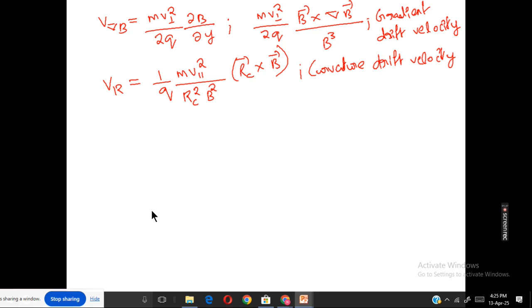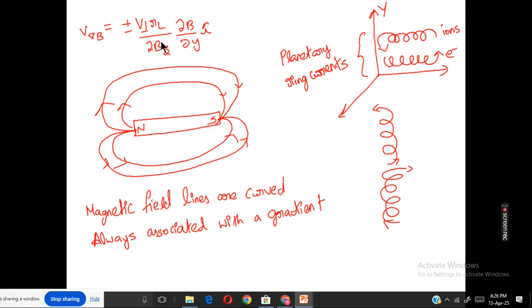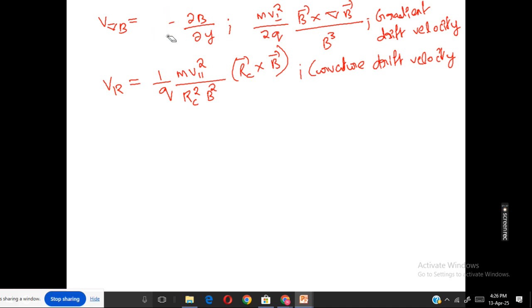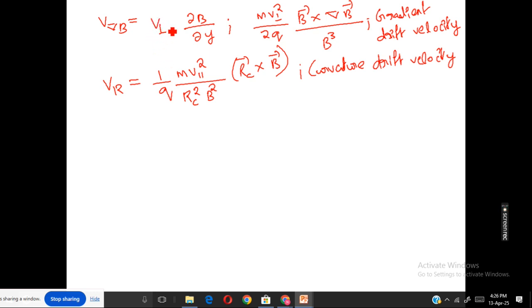We wrote V del B is equal to m v perpendicular square by... and this is v perpendicular R L by 2 B z into dou B by dou y.